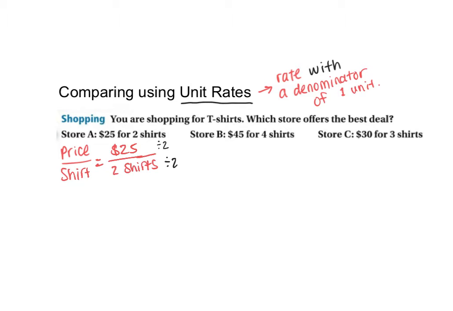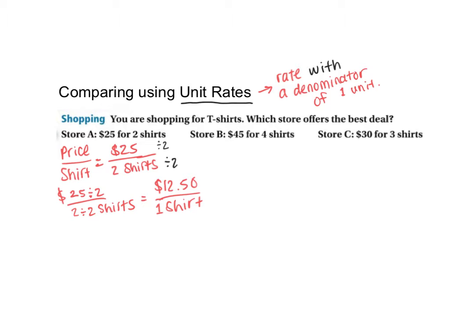Because then that will make it 25 divided by 2 over 2 divided by 2 shirts. This will give us $12.50 per shirt. And that's 1 shirt. Okay? So $12.50 for 1 shirt.